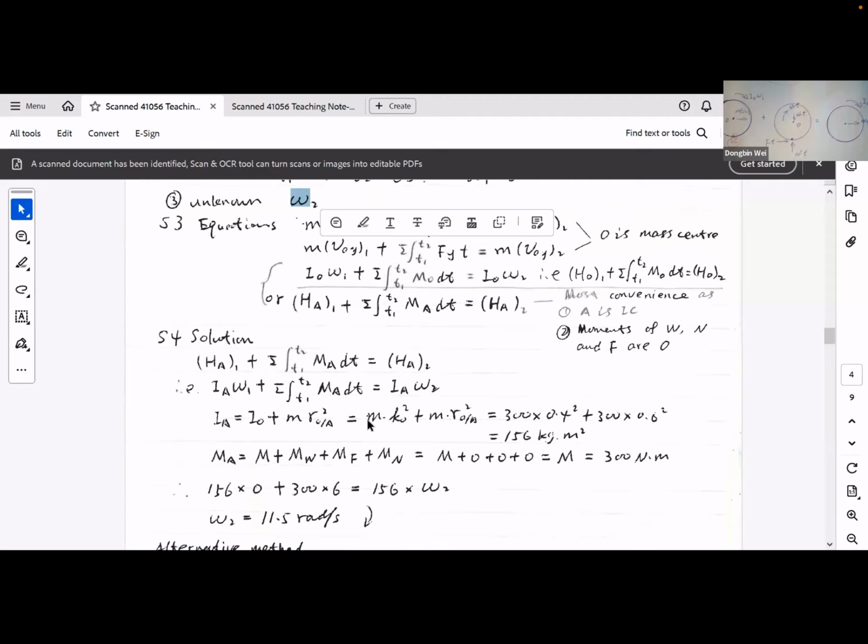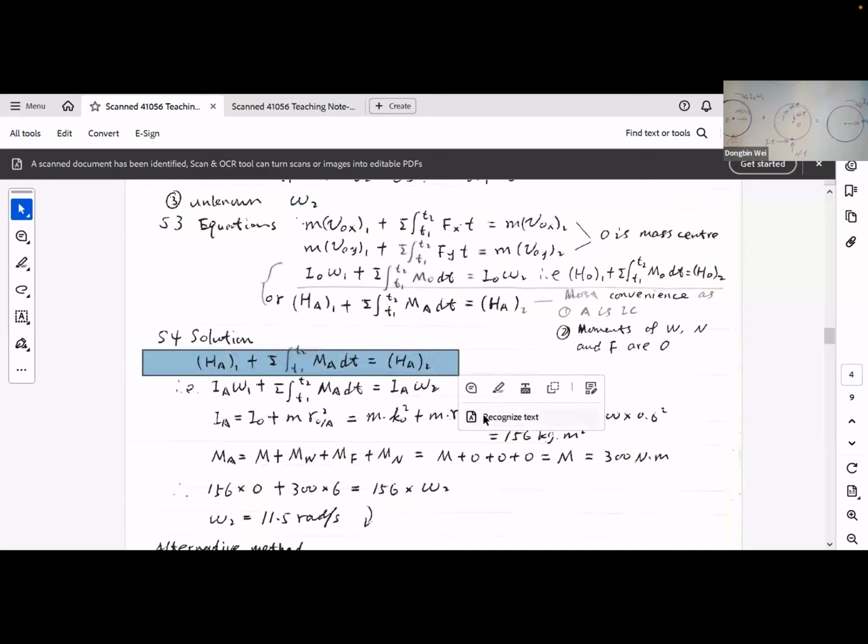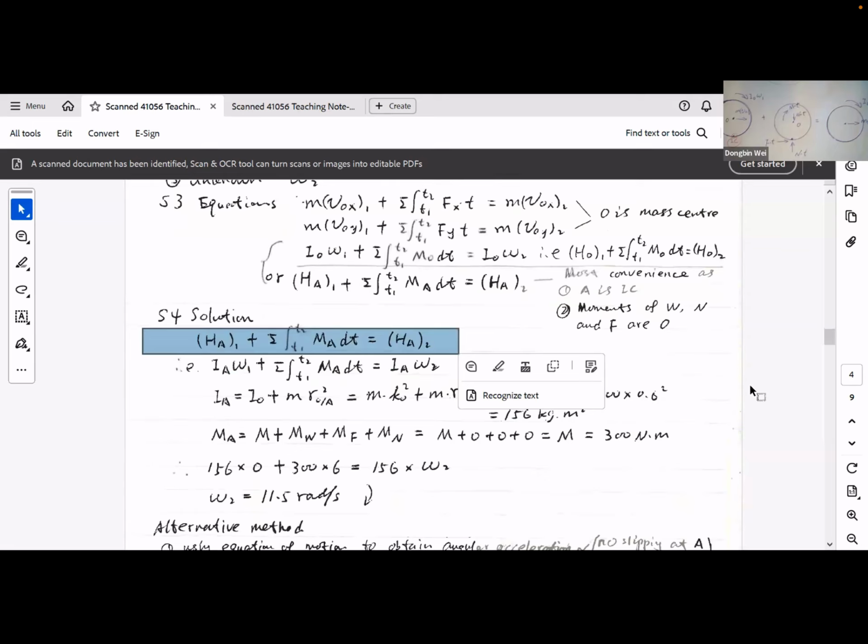For HA1, because initially the wheel was at rest, definitely HA1 should be zero.